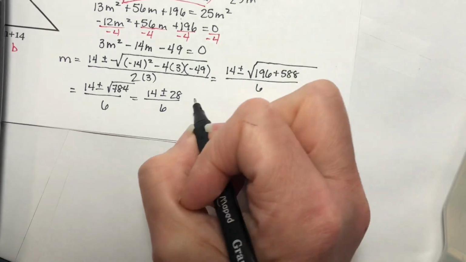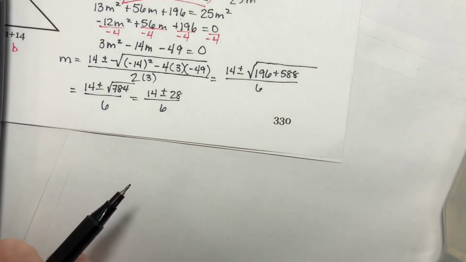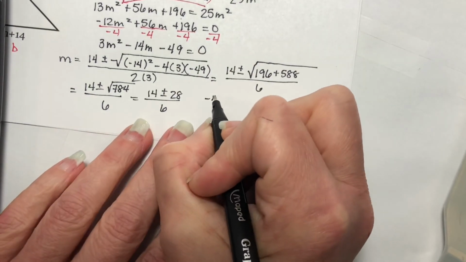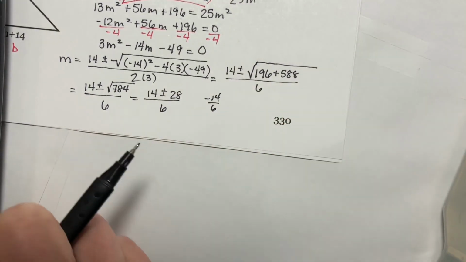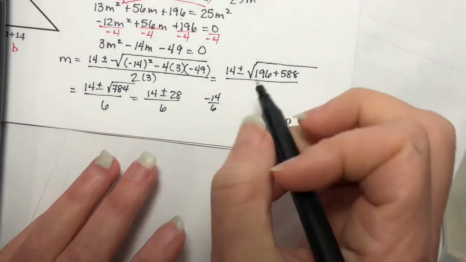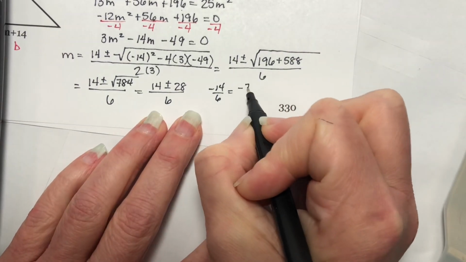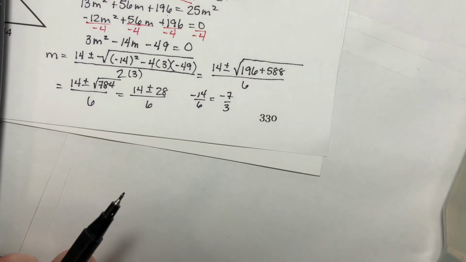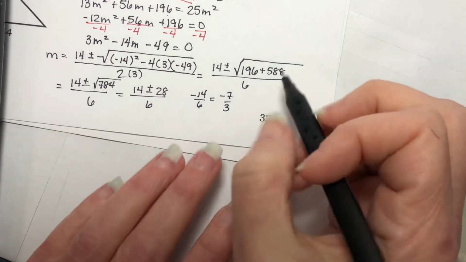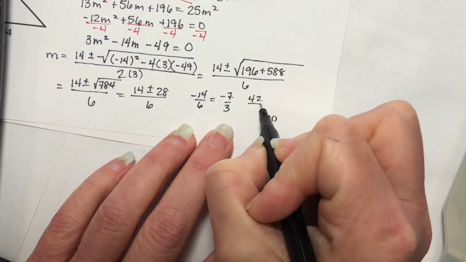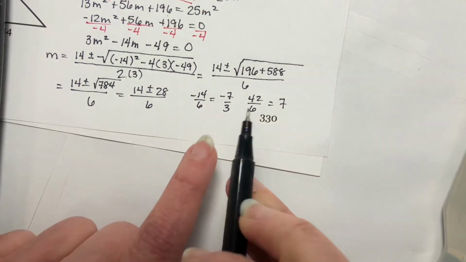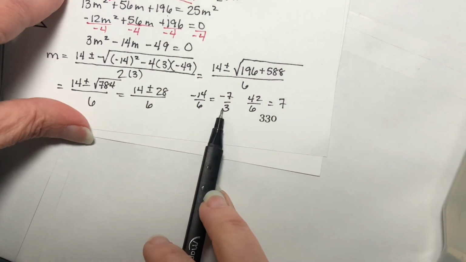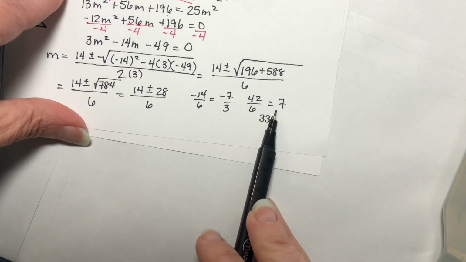If I do 14 minus 28, I get negative 14 over 6, which reduces to negative 7/3. And then if I did 14 plus 28, I get 42 over 6, which is 7.